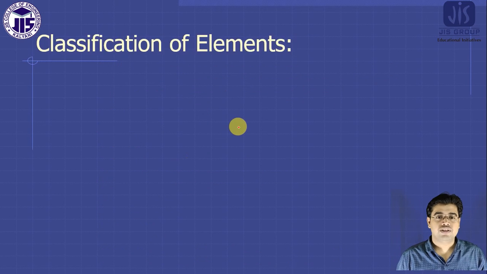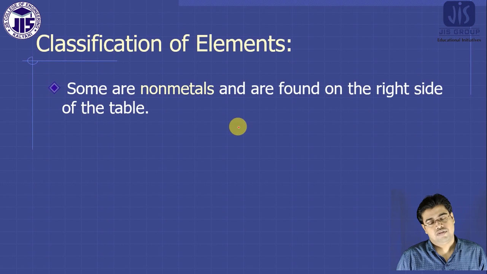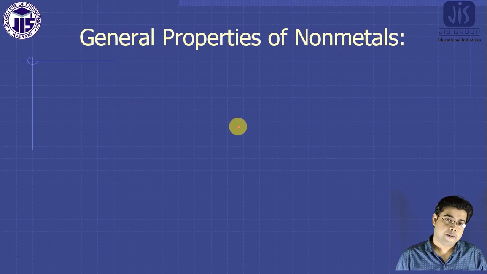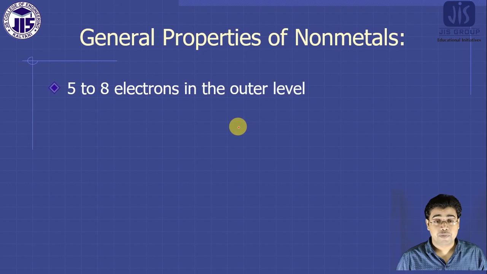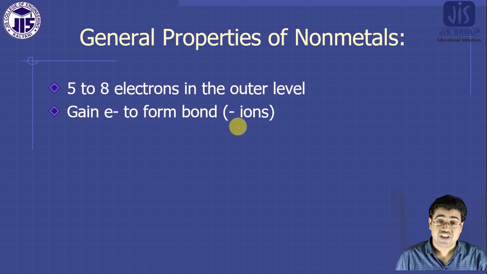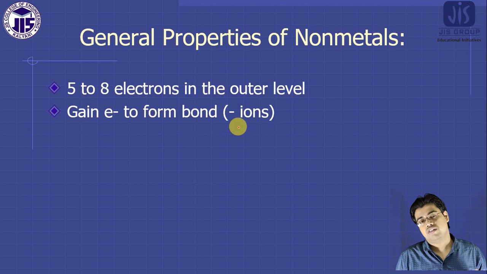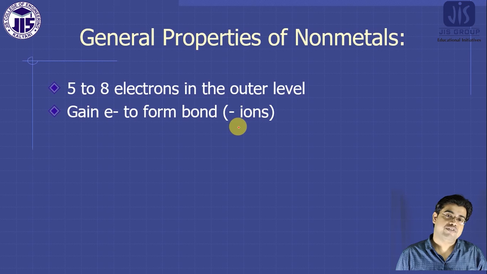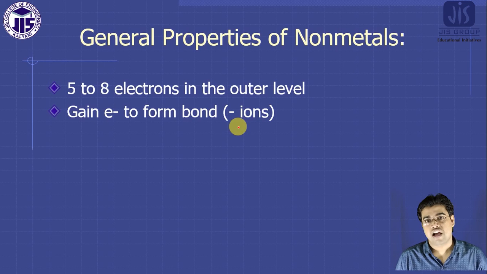Okay. Another thing, non-metals. Obviously they are on the right side of the periodic table, and they generally have a tendency to gain electrons, so that's why they can form anions. If a neutral atom gains electrons, obviously it will produce an anion. So obviously they are in the category of the tendency to form anions.